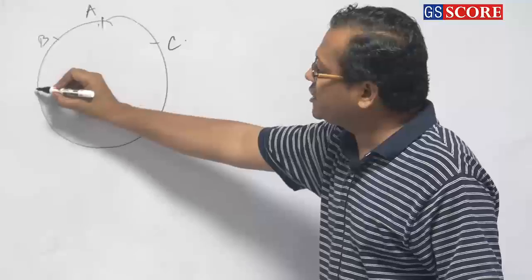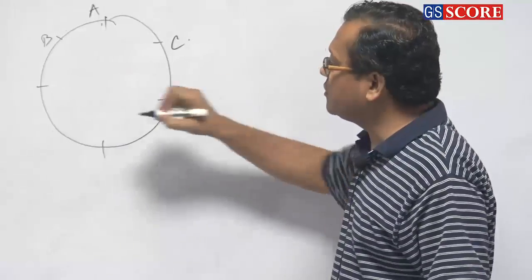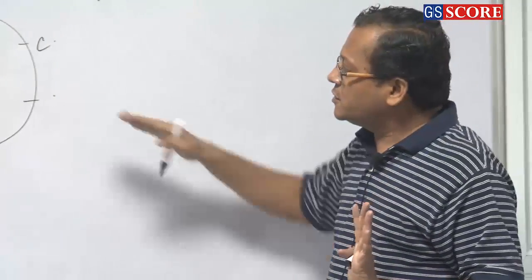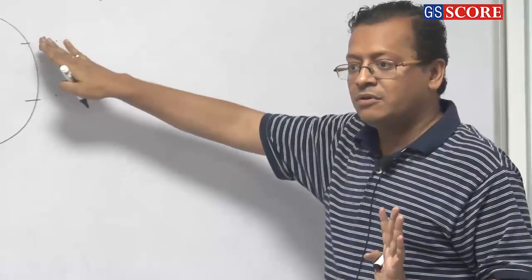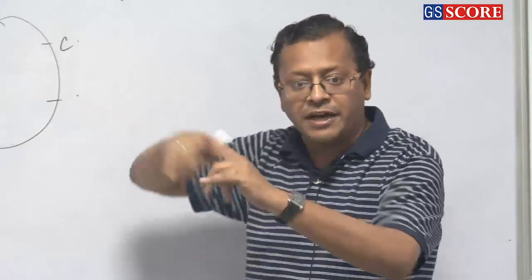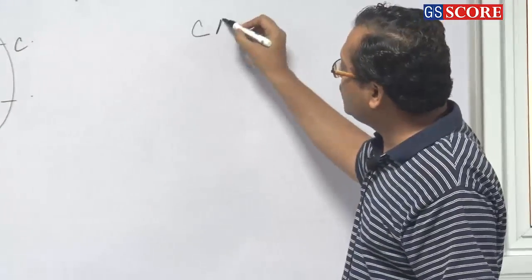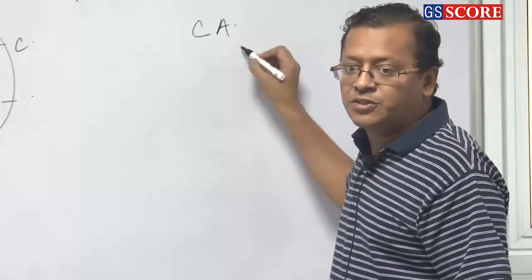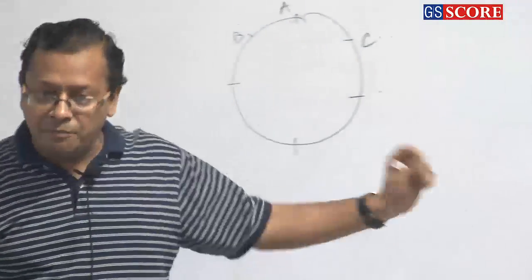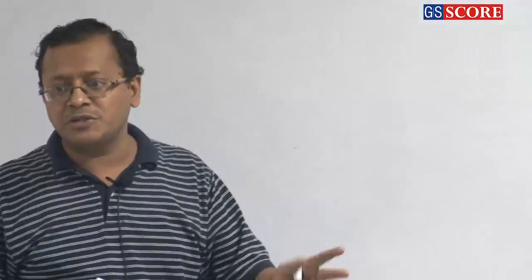Whenever you encounter these questions, there are say six people sitting on each and every side, and there can be some conditions. C is sitting near A. Those conditions you should not write straight away in the main diagram. C is sitting near A, so CA is together. Only when all the clues are complete, fix CA at some position.